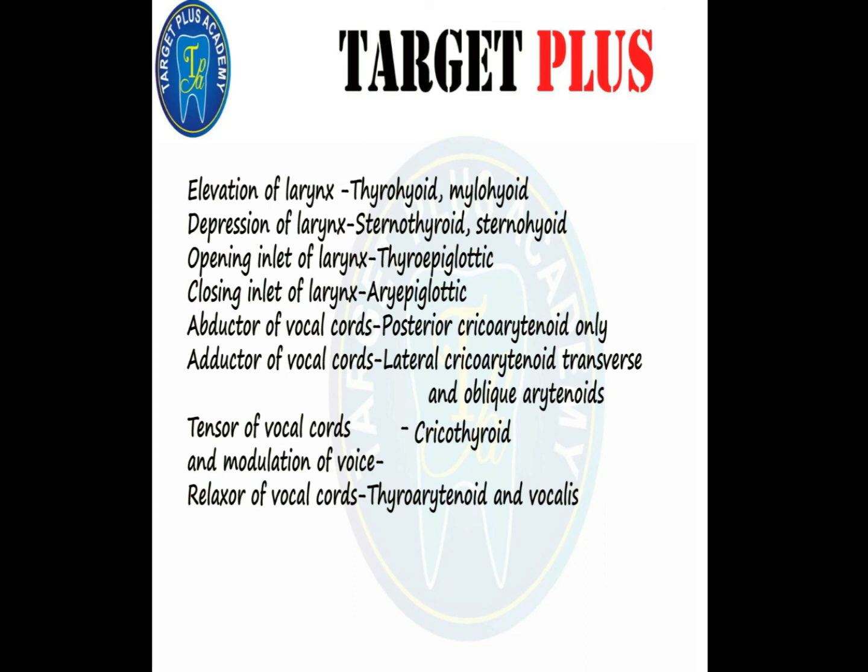Closing the inlet of the larynx is the aryepiglottic muscle. The only abductor of the vocal cord is the posterior cricoarytenoid muscle. Adductors of the vocal cord are the lateral cricoarytenoid muscle and the transverse and oblique arytenoid muscles. The tensor of the vocal cord is the cricothyroid, whereas the relaxers of the vocal cord are the thyroarytenoid and vocalis muscles.